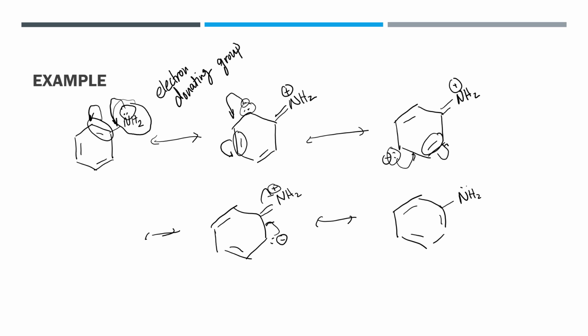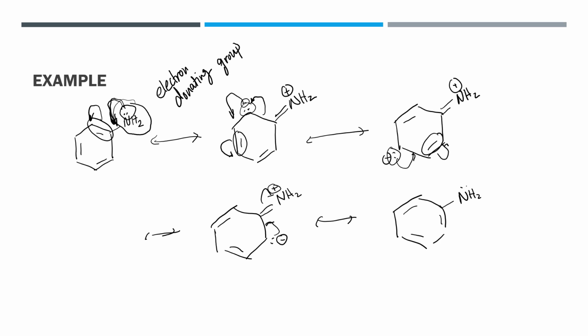We have lone pairs on our nitrogen that can be donated into the aromatic ring. And how did we do that? We took this lone pair, we made it a pi bond, and we took the pi bond and made it a lone pair. So essentially what we've done is we've taken the electrons from the nitrogen and put them on a carbon. We put it inside the ring. That's why we call it an electron donating group.